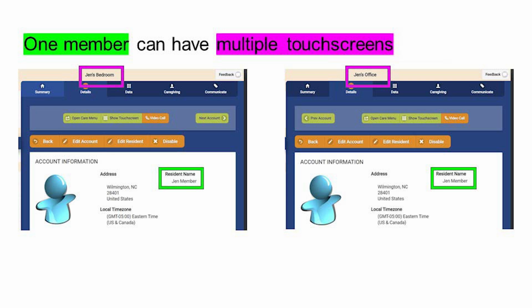One that is called Jen's bedroom, is in the bedroom of Jen's residence, and another touchscreen called Jen's office, which is found in Jen's office in the residence. Multiple touchscreens for a single member. And I've listed two here, but the member could have three, could have four, and so on.